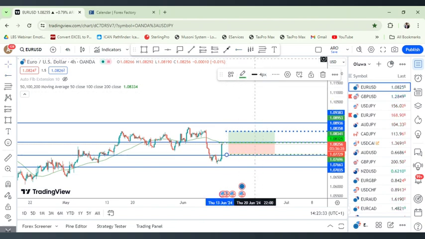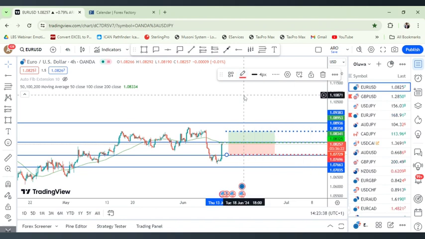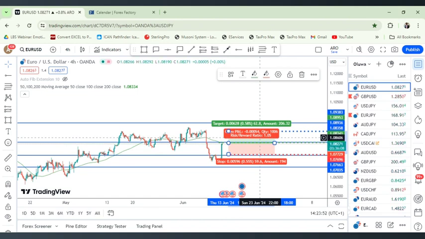I'm going to make it red, so I can now delete my short positioning. In this trade, our risk to reward is, we are risking $1.9 to gain $2.